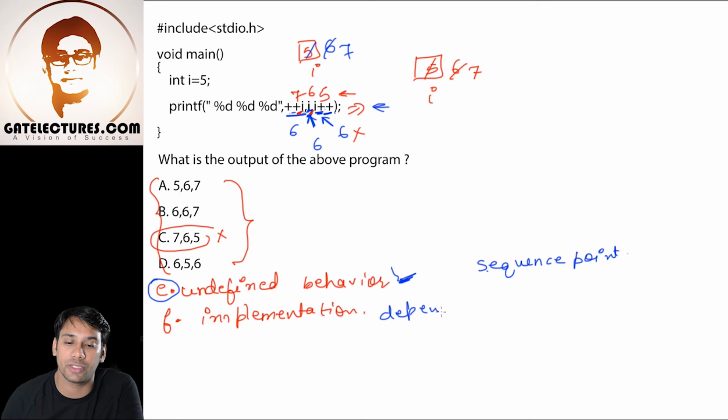I've seen this option in some of the study material provided by coaching institutions. For example, I've seen the study material provided by MEDIC, and they have given a similar program like this, and in the explanation they have written that it is implementation dependent, but it is not implementation dependent, because this is an ambiguity in the C language. So the correct options should be undefined behavior or sequence point, right? So okay.